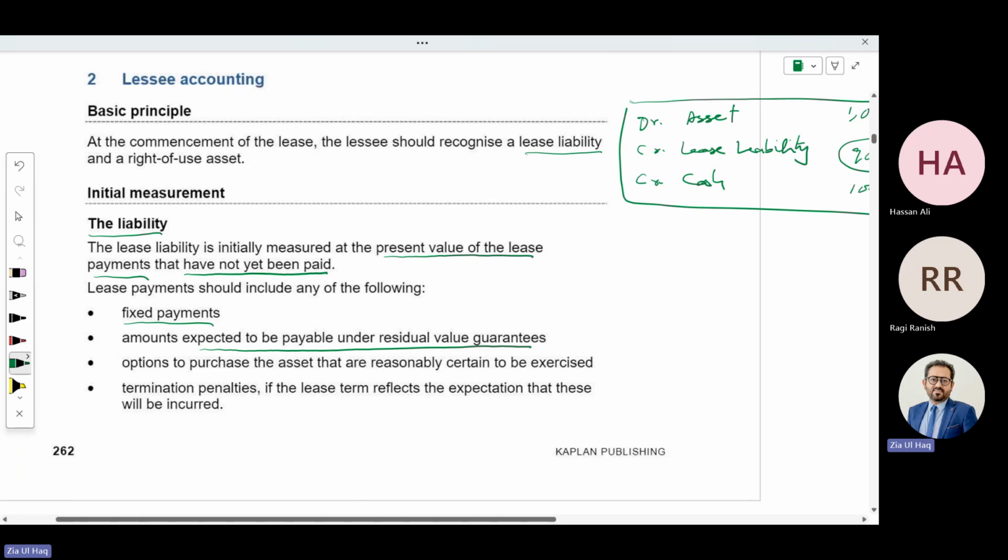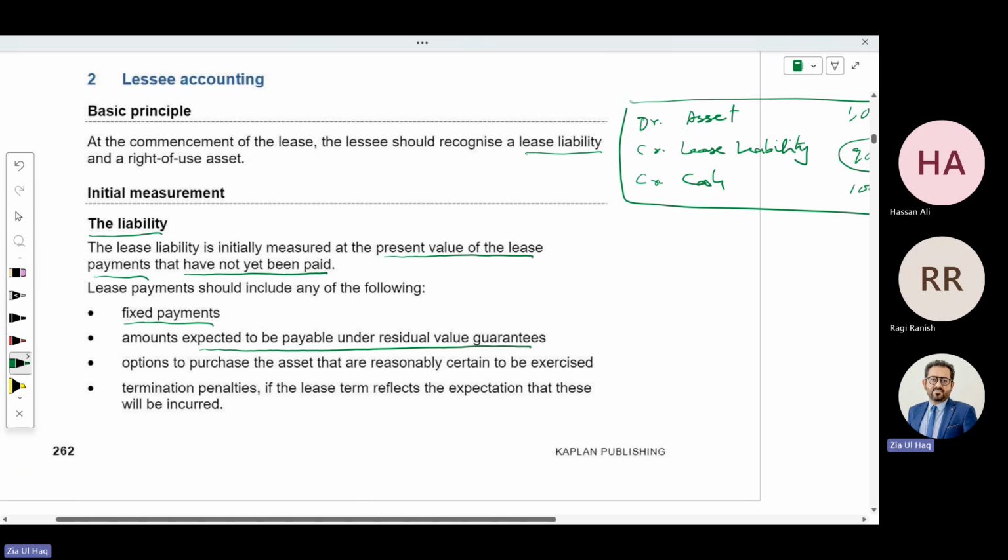Suppose asset life is 5 years, but we have provided a guarantee that after 5 years this asset can be sold at 20,000. That is the residual value, scrap value. If there is any guarantee, yes, this asset can be sold at 20,000. You can receive an extra 20,000 from this. So that will also be part of the liability calculation. How, we will discuss later during the question.